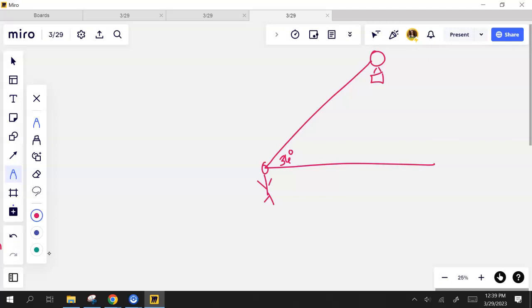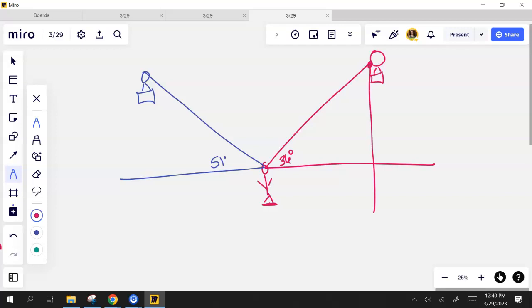She turns due west and sees a blue balloon at an angle of elevation 51 degrees. If the altitude of the red balloon, now here's where you have to be careful. The altitude of the red, which means she's standing on the ground, yes? From the balloon all the way to the ground.